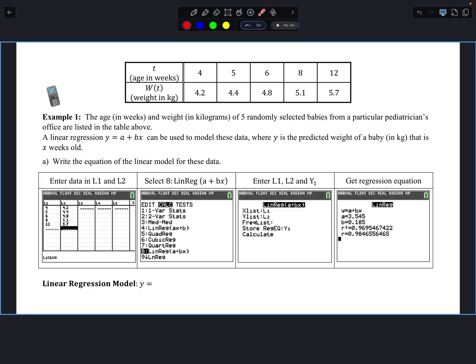A couple of things you want to pay attention to: the table says that Y is the predicted weight of the baby in kilograms, and X represents how many weeks old the baby is.